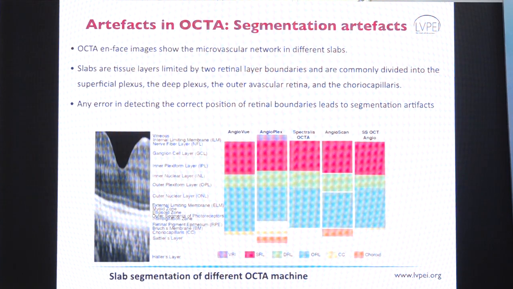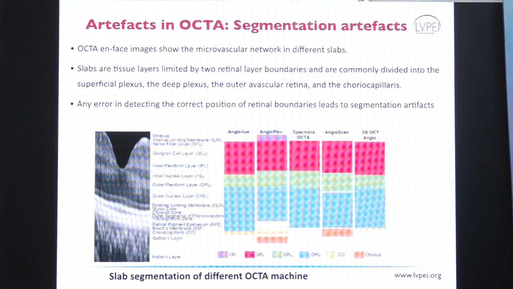Next is segmentation artifact. Segmentation artifacts typically happen when your segmentations are not correct and one vessel from an upper layer gets reflected in your segment in a deeper layer and so forth. Why I put this slide up is to make you understand that segmentations in different machines vary. Each of these machines has a different algorithm.